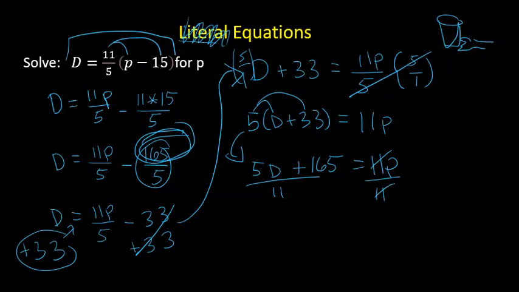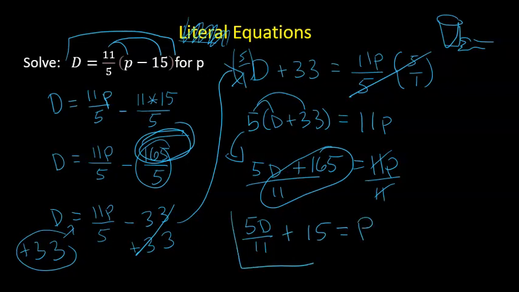So it leaves me with 5d over 11. These right here, I think we can, let me see, I have 165 divided by 11. Yeah, it gives me 15. Plus 15 equals p. This is my final answer. That's a bummer it's not a literal equation.